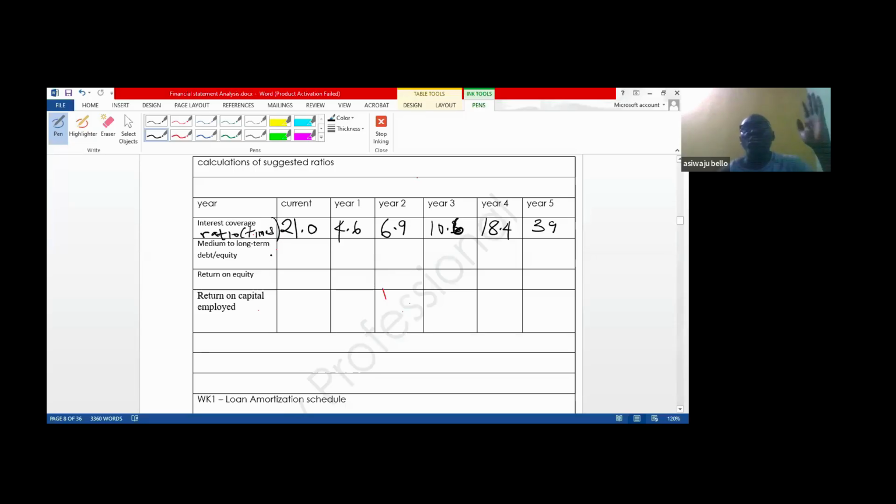The higher the ratio, the better for the company.